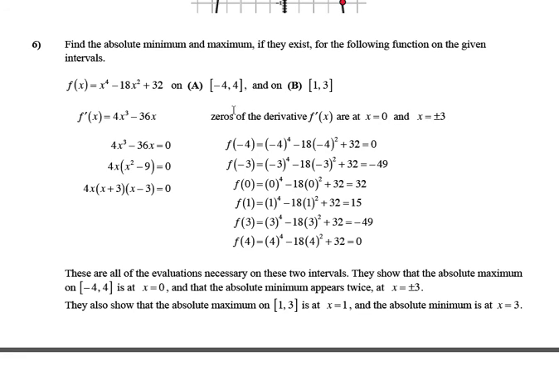And to find the absolute maximum and minimum, follow those steps that were given in the handout Monday, or maybe it was Wednesday of last week, because Monday was July 4th. We weren't in class.